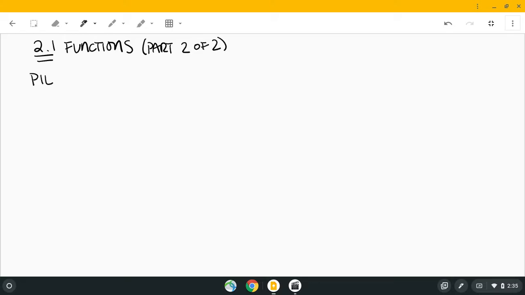Okay, so piecewise functions. Sometimes one function is not enough to represent a situation.